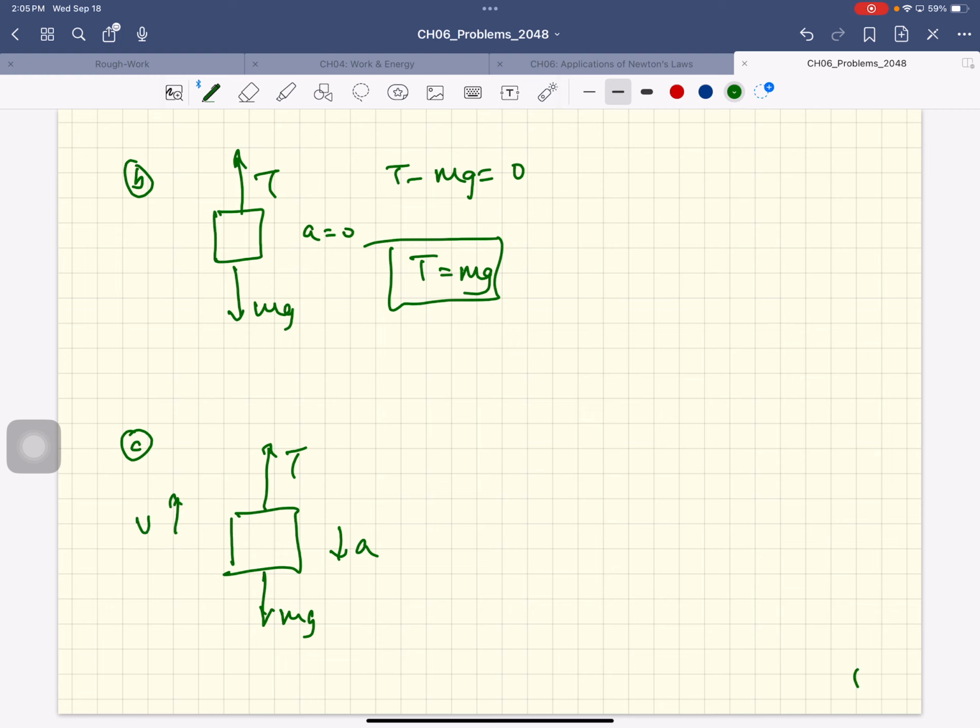Now we'll use this direction as the positive direction, because that's the direction in which acceleration is pointing. mg minus tension equal to m times a. Tension is mg minus ma.